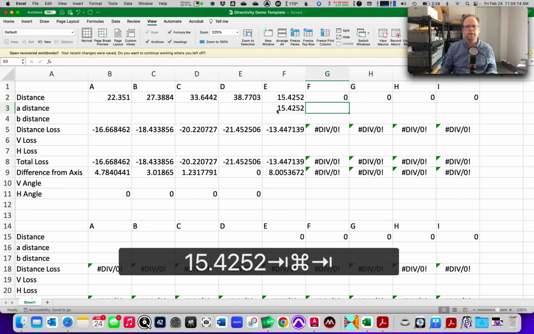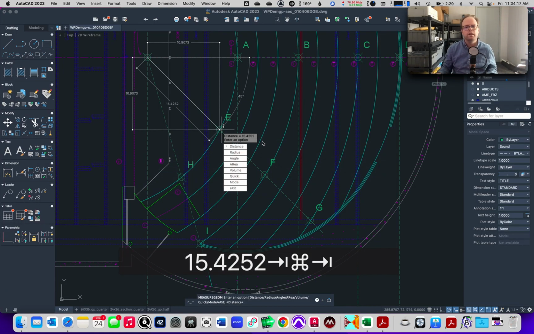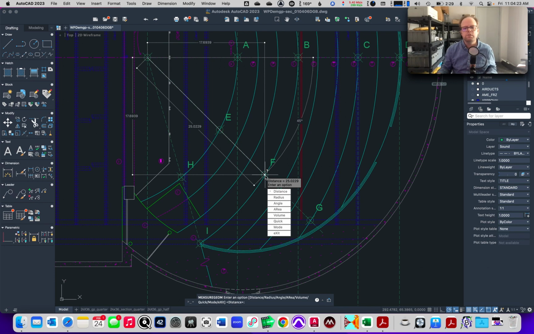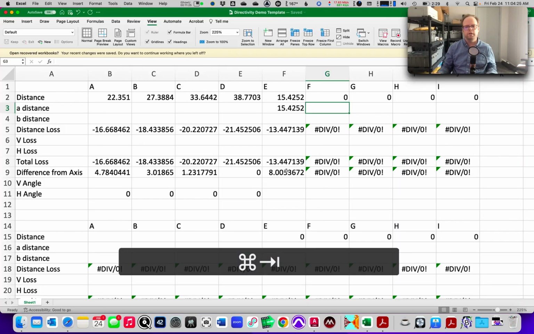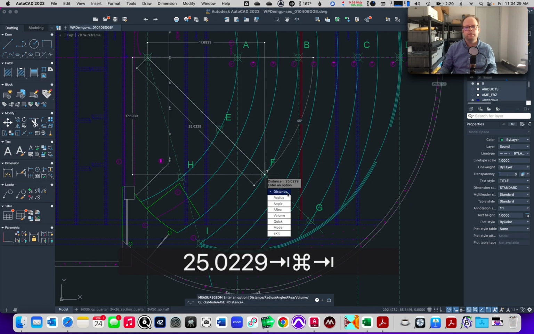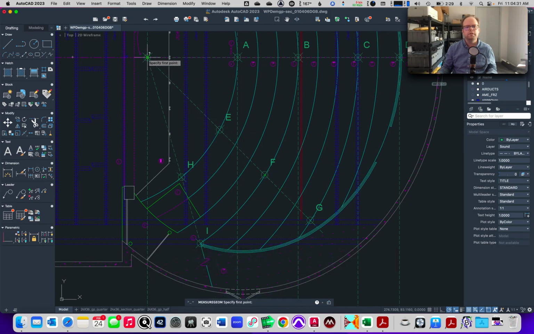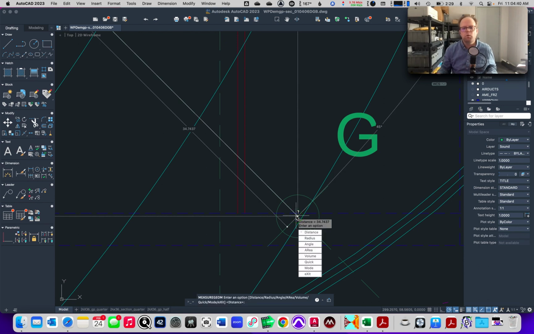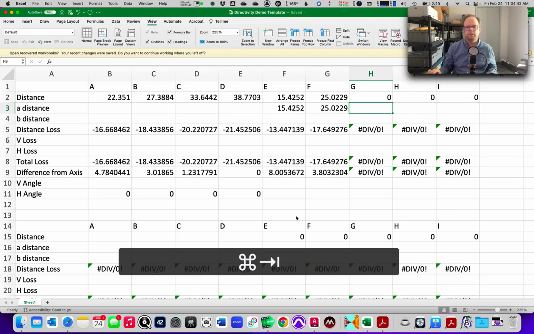So I'll put that in for A. And then I'll try again for seat F, and that is 25.0229. Okay, G is 34.7437.